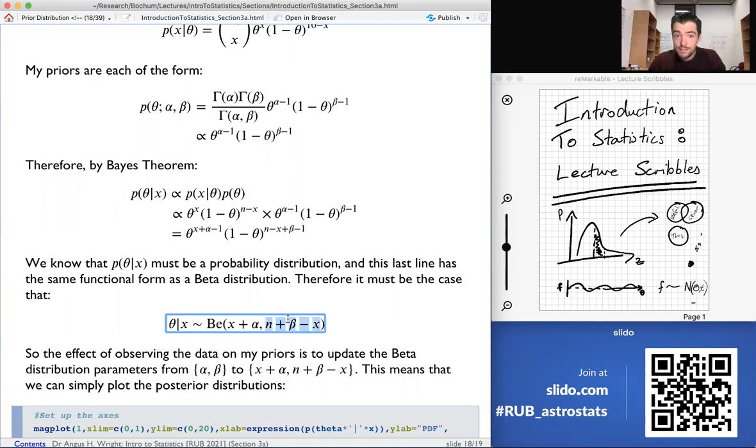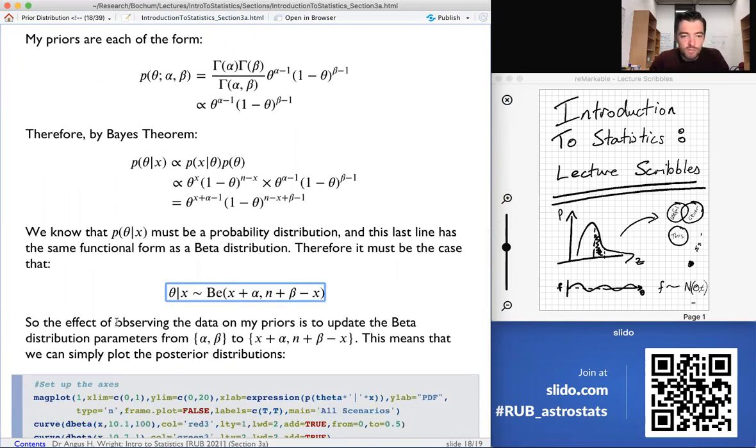That is to say, the posterior samples that I get are a beta function, and they are explicitly a probability distribution with the shape of a beta function given these parameters. So the effect of observing the data has been to update the beta distribution to have the parameters alpha equal to x plus alpha and beta equal to n plus beta minus x. Yeah? And that means I know what all these values are.